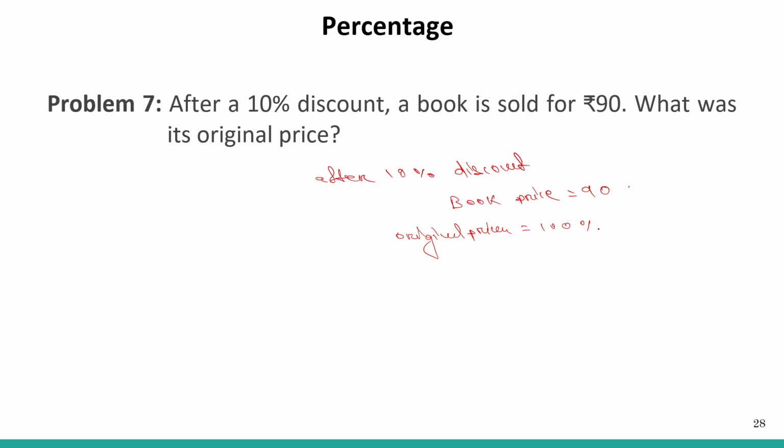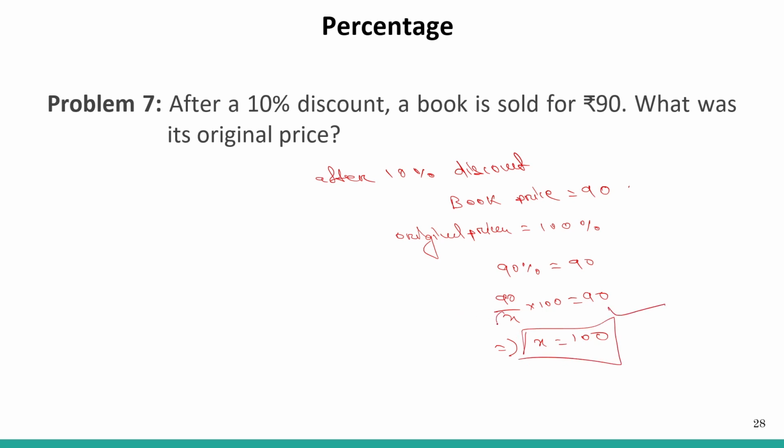Since 90% is equal to 90, let's say the original price is X. So 90 by X into 100 is equal to 90. This implies that X is equal to 100. So the original price is 100.